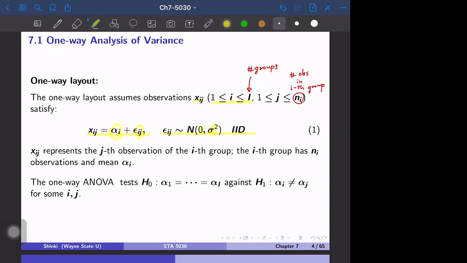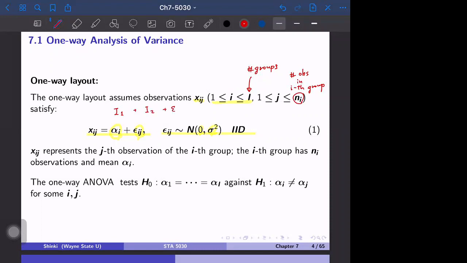In terms of linear regression, suppose that we only have two groups. Then alpha_1 is the coefficient of the indicator function for the first group, and we also have the indicator function of the second group.